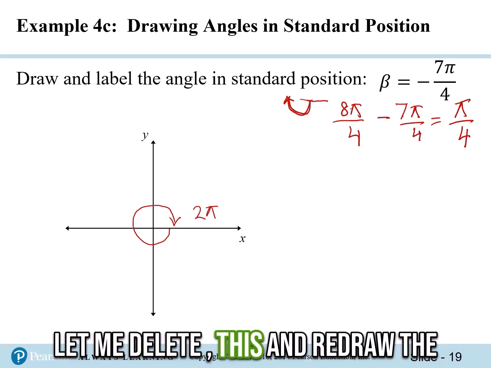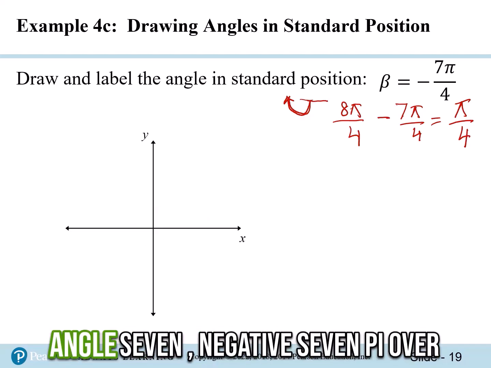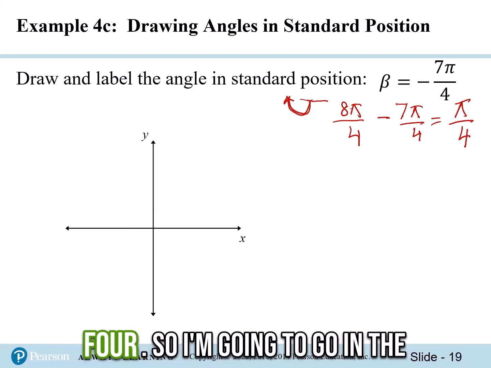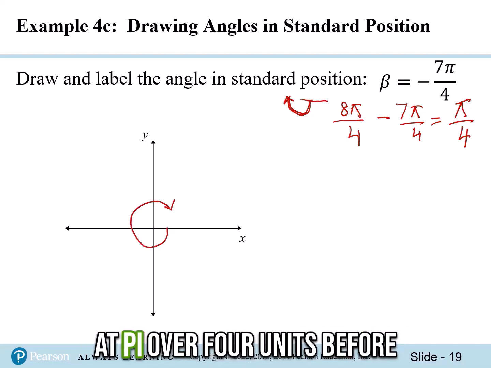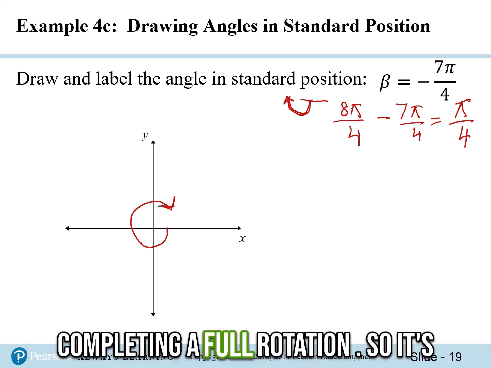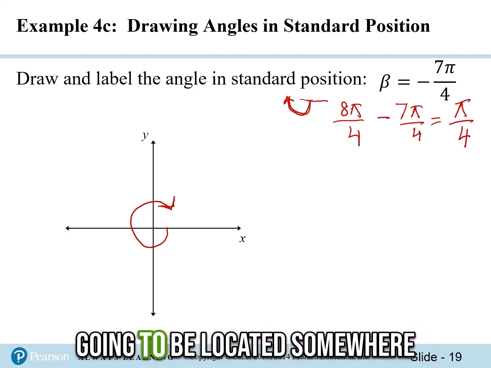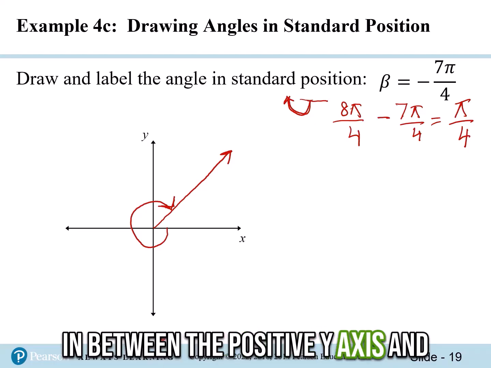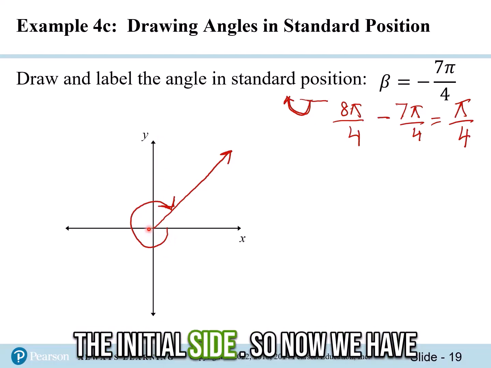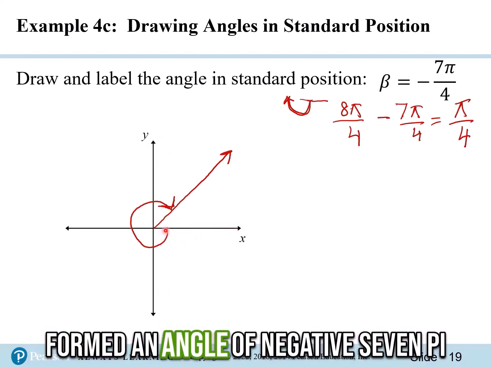Let me delete this and redraw the angle negative 7 pi over 4. So I'm going to go in the clockwise direction and stop pi over 4 units before completing a full rotation. So it's going to be located somewhere exactly in between the positive y-axis and the initial side. So now we have formed an angle of negative 7 pi over 4.